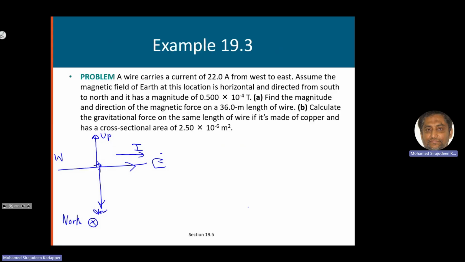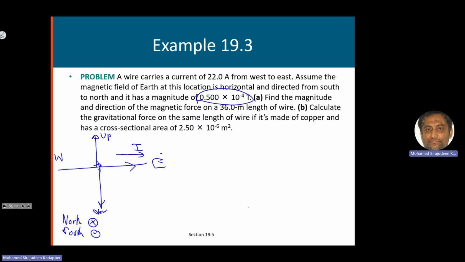Because you cannot really do it. So I will say north is into the board and south is out of the board. So that is the symbol for out of the board. Now we have a question. And the magnetic field is given. It is into the board and north, and its value is this much.